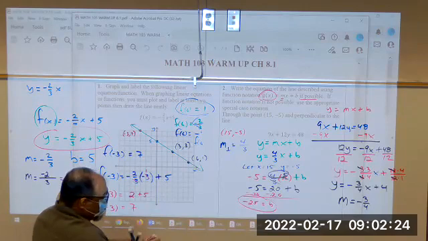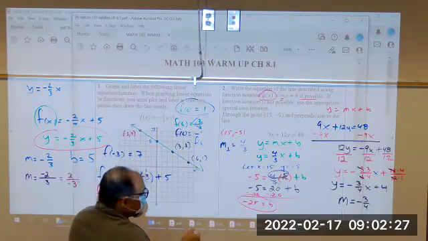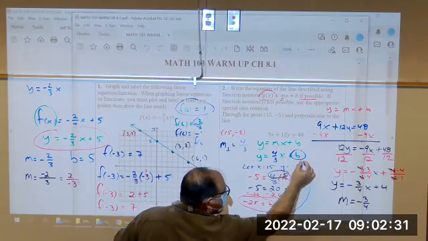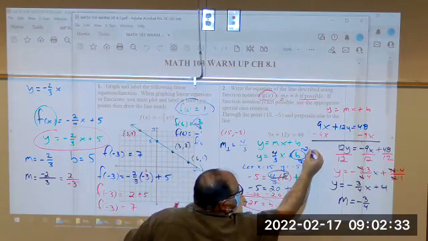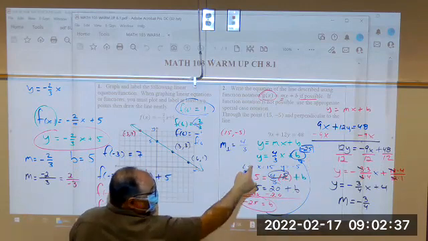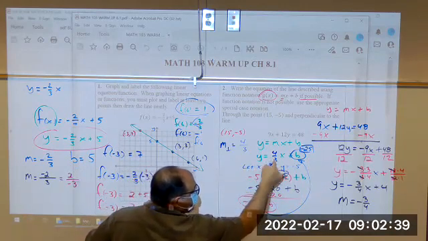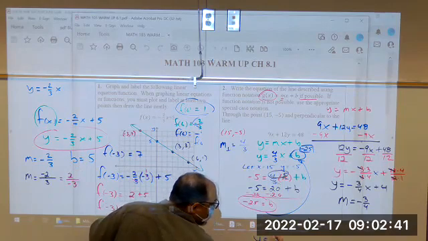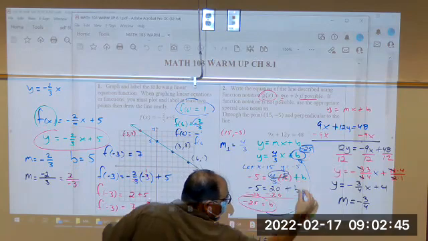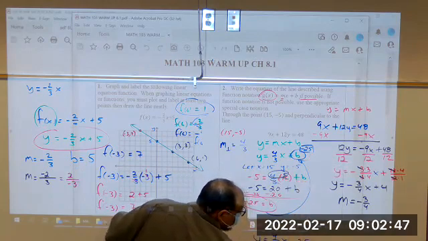So the missing piece of the puzzle, the y-intercept that we needed to find, is -25. So the equation y equals 4/3 x plus -25, which is minus 25.